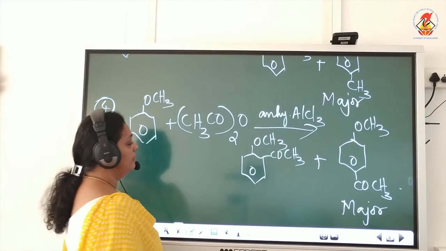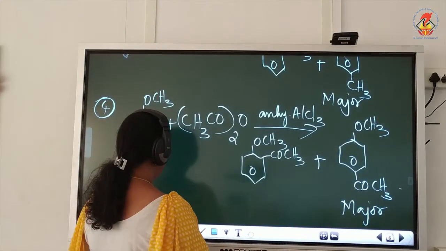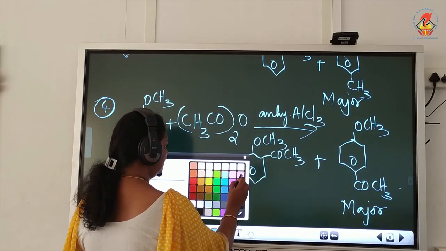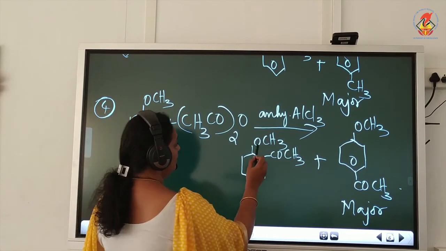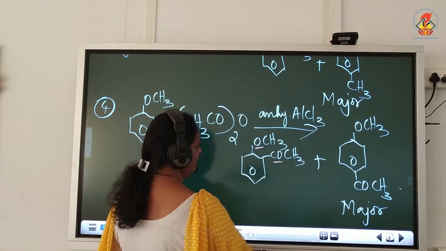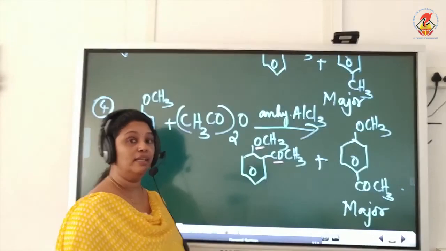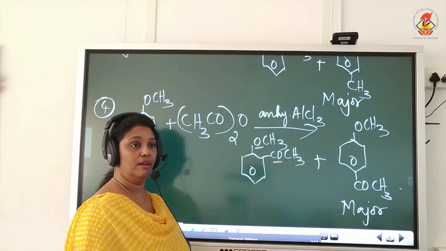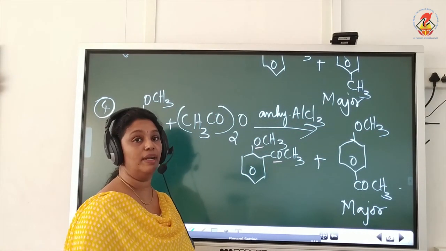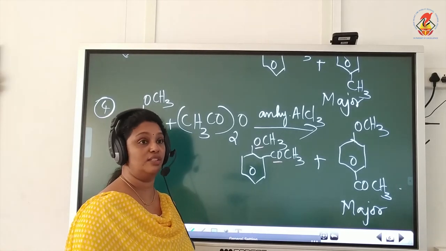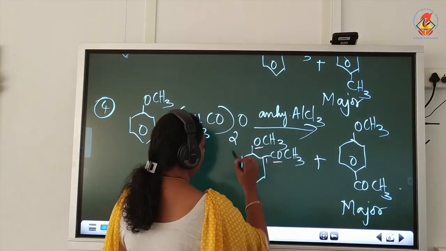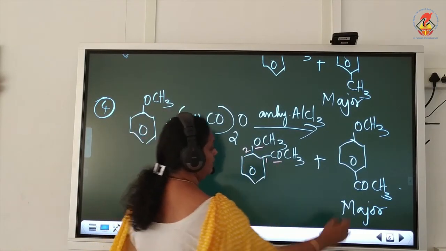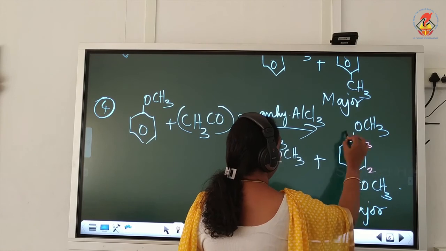Now, when you name this compound, you have to number. There are two functional groups in this compound. One is ether and the other is keto group. So, ether group should be given the highest number and keto group should be given preference, that is it should be given the lowest number. So, here this will get number 1, this has 2. And here 1, 2, 3, 4.